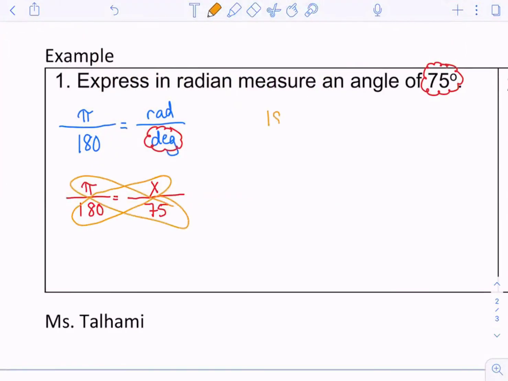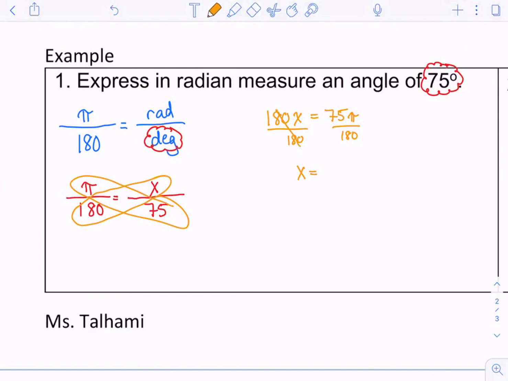I get 180 x equals 75 pi. Now, I don't want to multiply 75 and pi because it'll give me an irrational number since pi is irrational. So I'm going to keep it like this. To solve for x, I have to divide by 180. So I get x equals 75 pi over 180. But I also know that my calculator can simplify the 75 over 180.